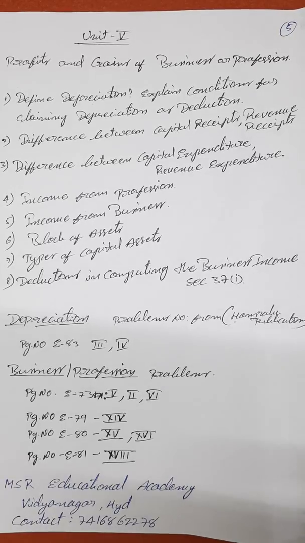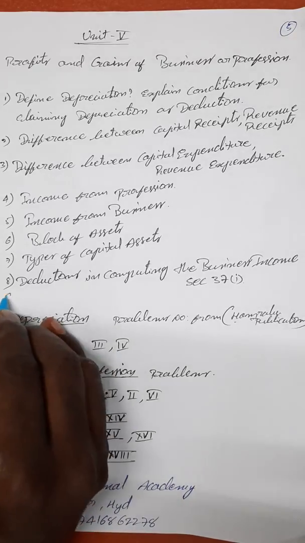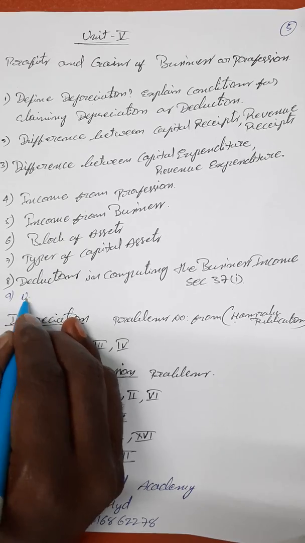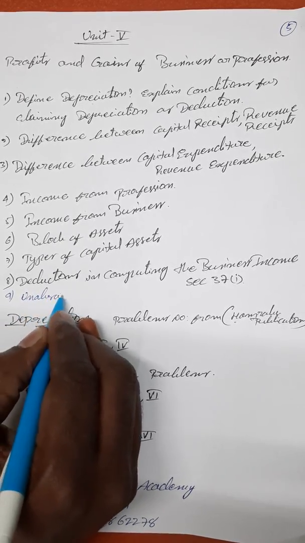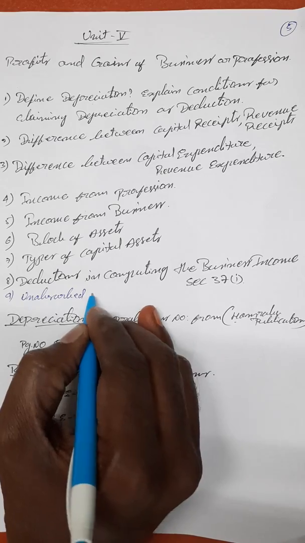Whatever deductions are there under business income as per section 37 subsection 1, we have to be right on them. Another important question, the 9th one, is unabsorbed depreciation.